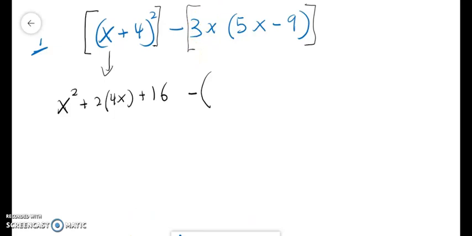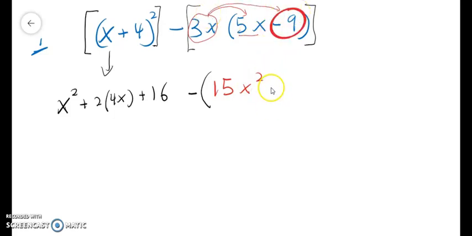The 3x here, we are going to multiply the inside, which is your 5x, and become 15x square, and this 3x multiply with negative 9, make sure you put a circle here, so minus your 27x.